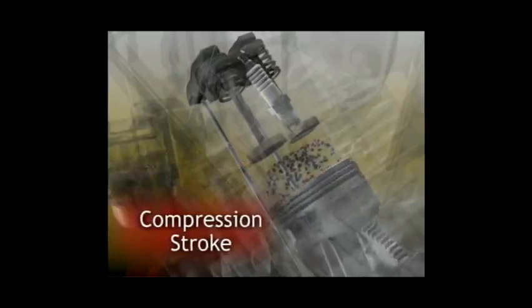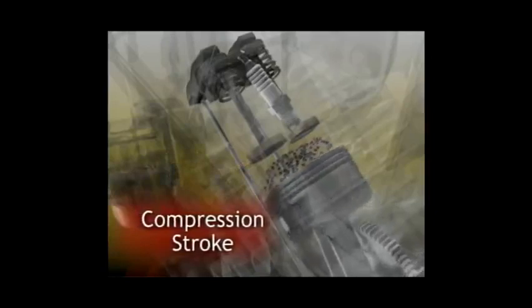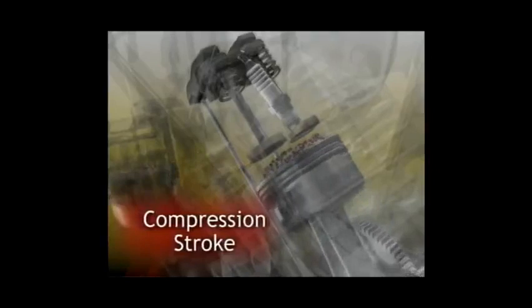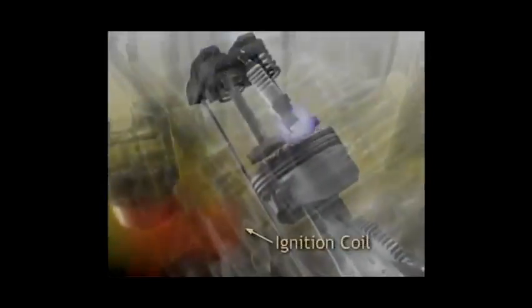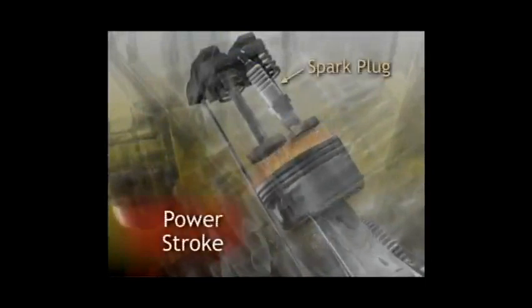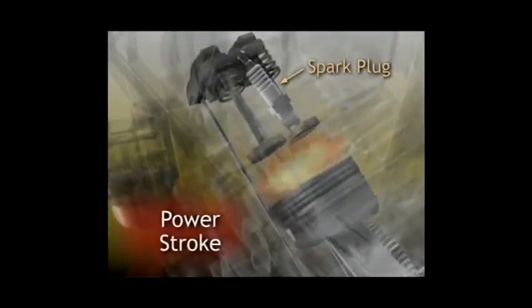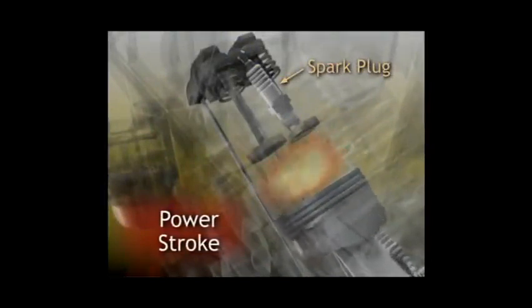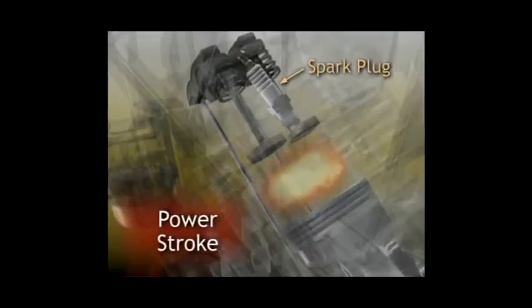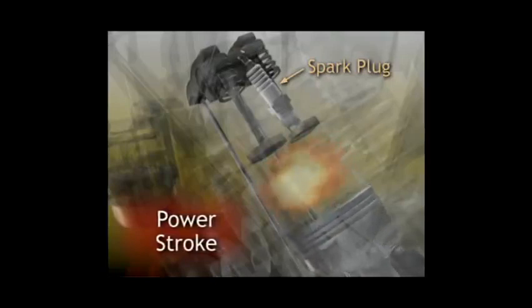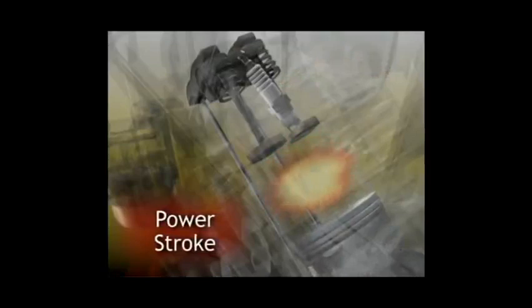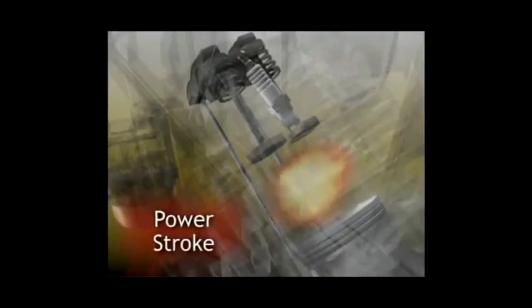When the piston reaches the top of its travel, called top dead center, the air-fuel mixture will be at its optimum ignitability point. A very high voltage is created in the ignition coil. The spark plug enables this high voltage to be discharged into the combustion chamber. The heat created by the spark ignites the gases, creating rapidly expanding superheated gases, forcing the piston down the cylinder bore during the power stroke.